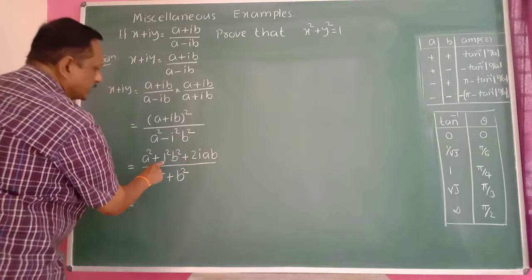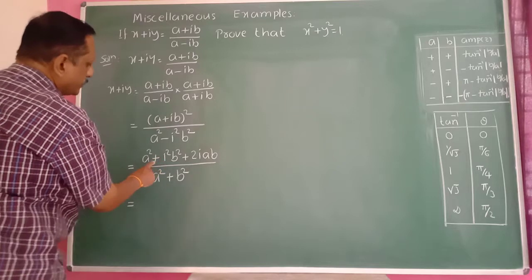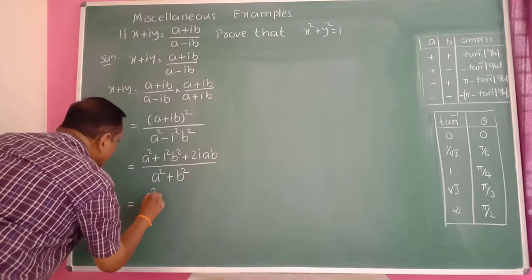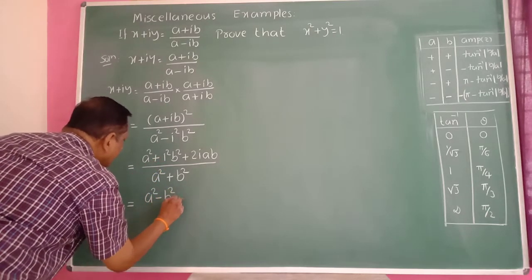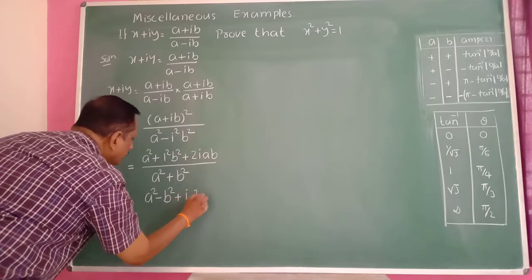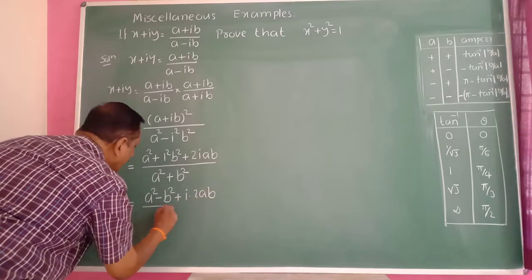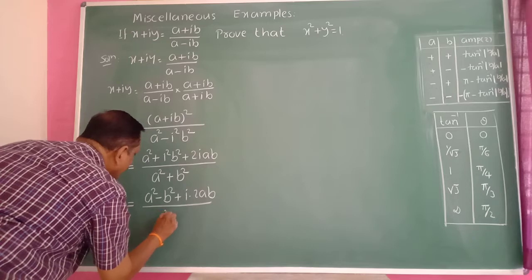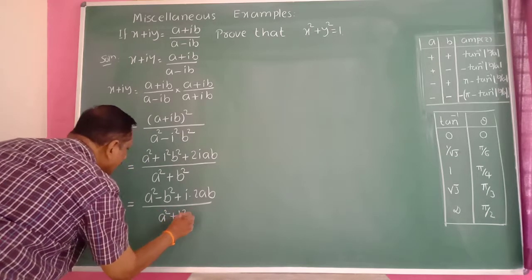So this equals a square minus b square plus i into 2ab, divided by a square plus b square.